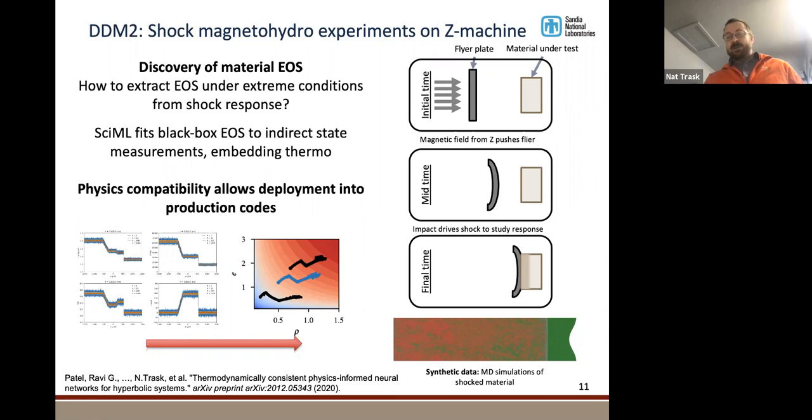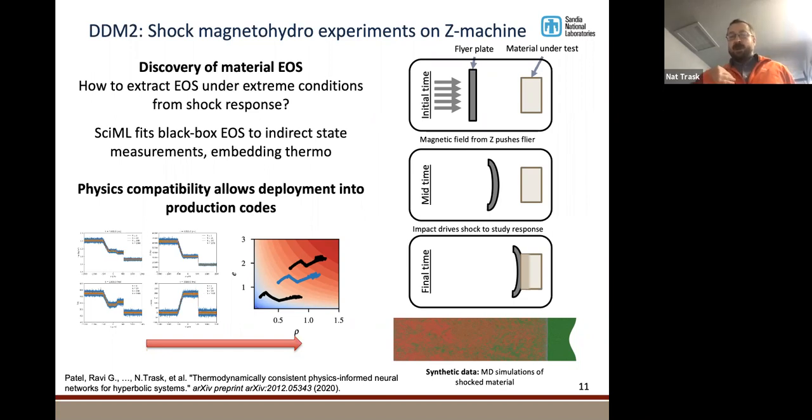If you do this experiment and extract an equation of state, you can break that off and pass it to a CFD code, and then people can design things using these equations of state. These have at least as many complications as a standard CFD code if you want to do this kind of data-driven machine learning of an equation of state.